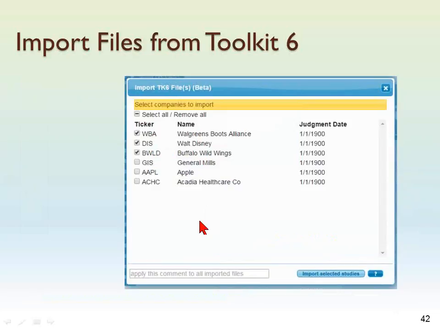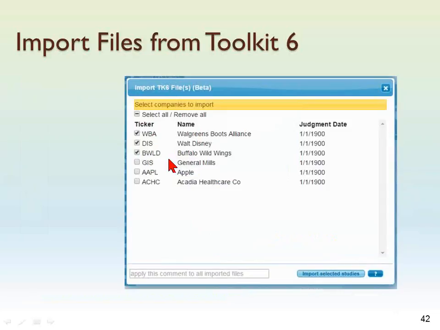So if you have a library with 5,000 stocks in it, you'll see 5,000 entries. There is a limit on how many you can import. It's 1,000. Hopefully that will suffice for 99.9% of our users who are interested in moving to the online tools.